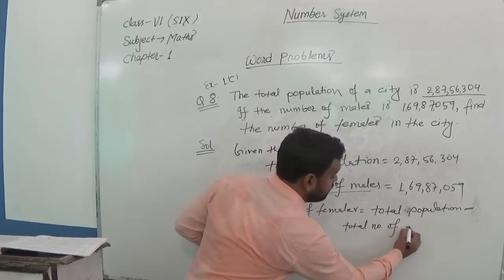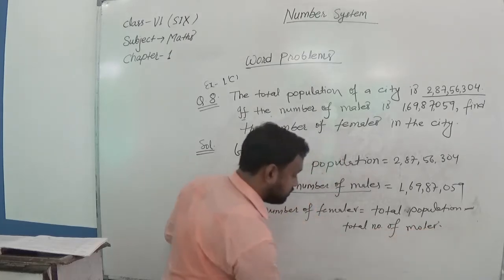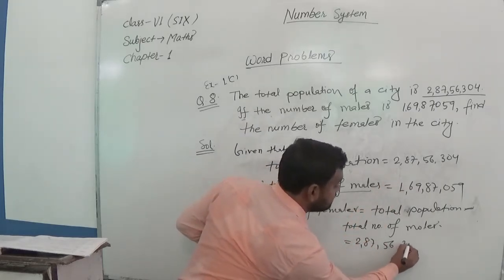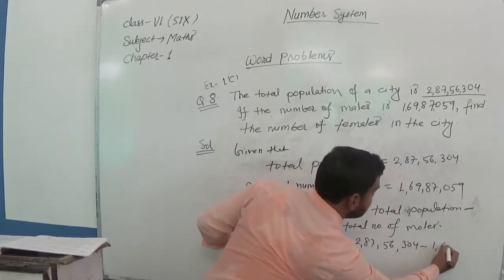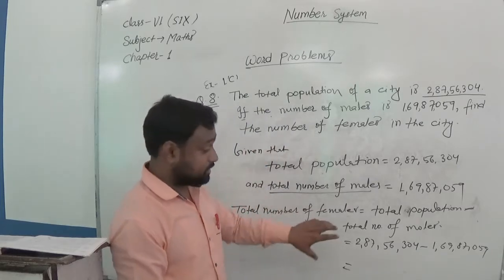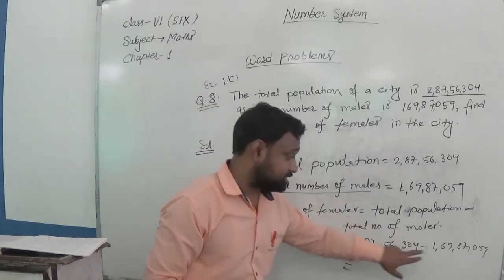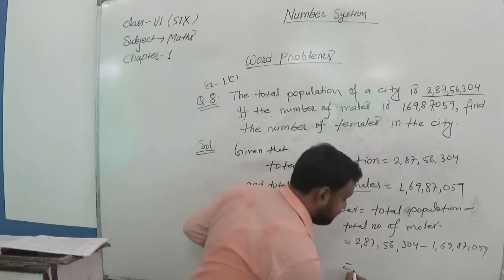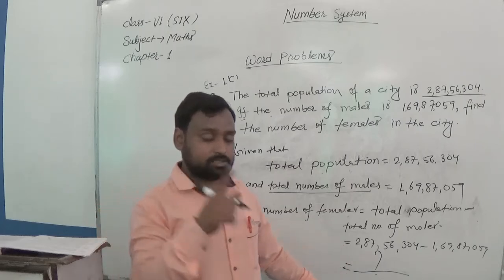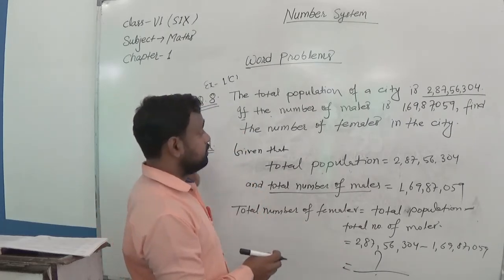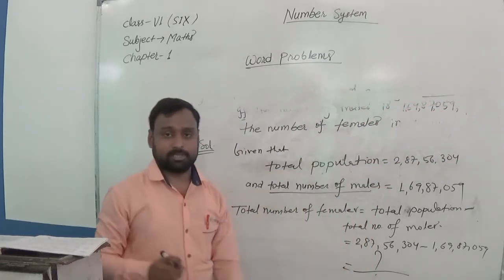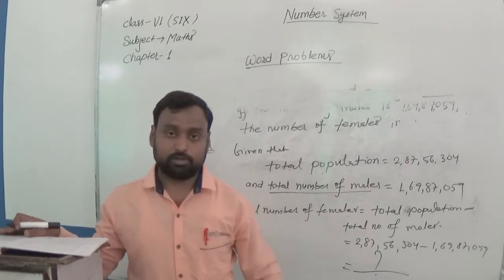Like this: 2,87,56,304 minus 1,69,87,059, and in the rough work you have to subtract this from this, and that will be your answer. In this way you have to solve word problems. Try to solve all word problems of this exercise. If you have any problem, I will solve it for you later.